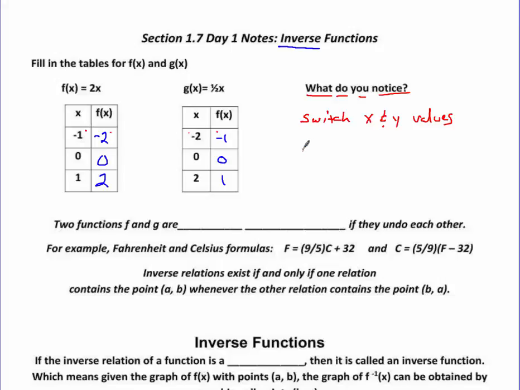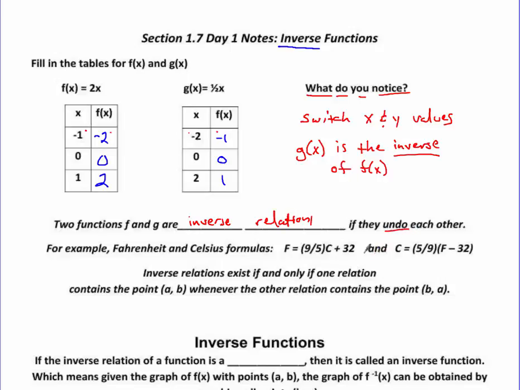And that means that g of x is the inverse of f of x. Okay, so two functions are inverse relations if they undo each other.